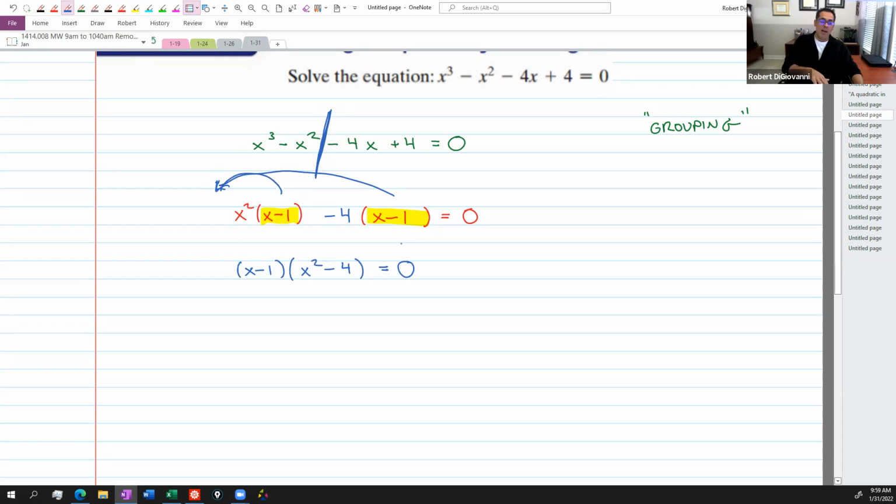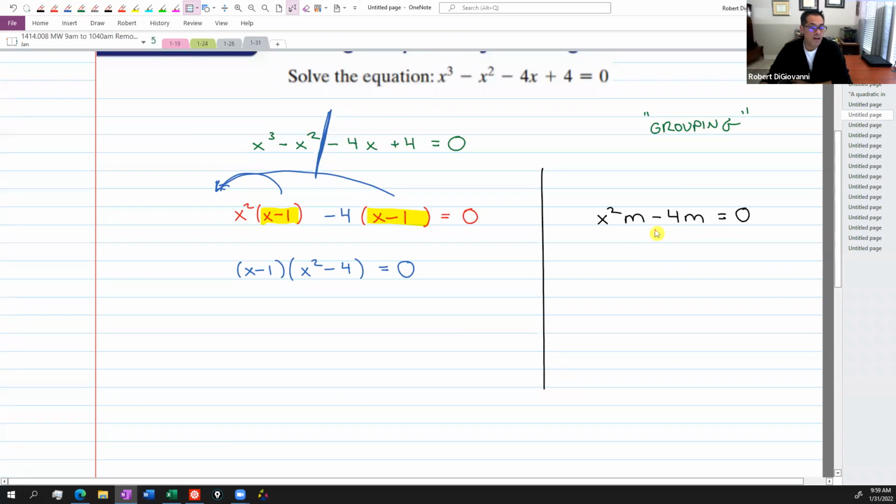Now that step right there, a lot of students know how to do that step, but a lot of students don't know why they're doing that step. So I want to remind you of why we're allowed to do this. Just ignore that for a minute. If I wrote this down, x squared m minus 4m equals 0, and I asked you to pull a GCF, I think everyone here would agree that m can be pulled out, right?